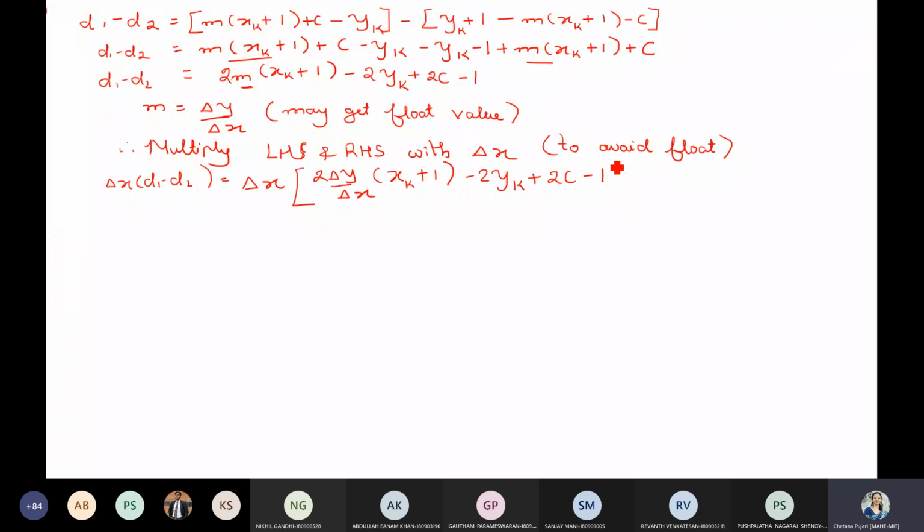This just simplify it. So delta x will get cancelled. You will get 2 delta y xk plus 1 minus 2 delta x yk plus 2 delta x c minus delta x. Okay, so we got this.